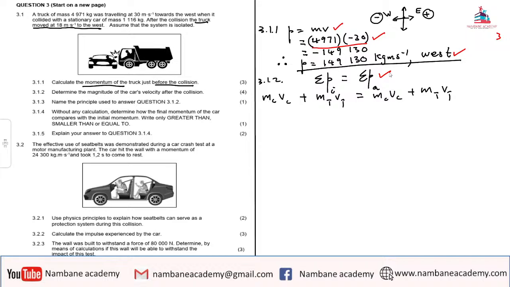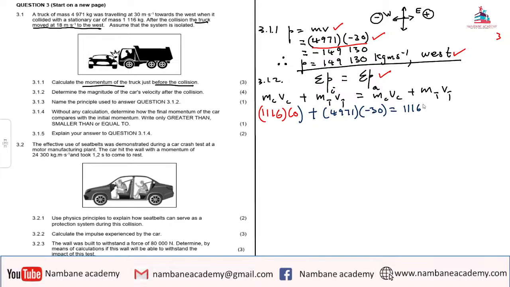We said our west is negative, so we will substitute everything we have here. Let's start. Mass of the car 1116 multiplied by 0. Let's change the color of this pen. Plus the mass of the truck 4971, but it was moving west, so minus 30. And what do we have there, ladies and gentlemen?